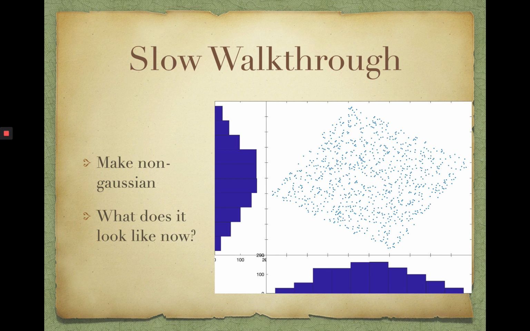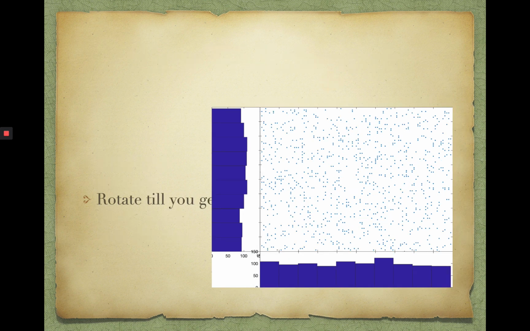Now, if I were to rotate all of these points, you would imagine my distribution would change. So I keep rotating it until I find the one that looks most uniform. Rotate, rotate, rotate, and you can see here that when I line it back up with my perfect little square, I get the most non-Gaussian I can. It looks pretty much like a uniform. It's not perfect, but remember, I only have so many data points in here.